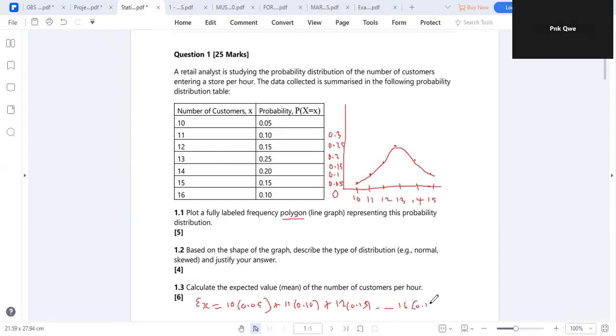Are we following? Or not? Find the mean. Together, finding the mean.